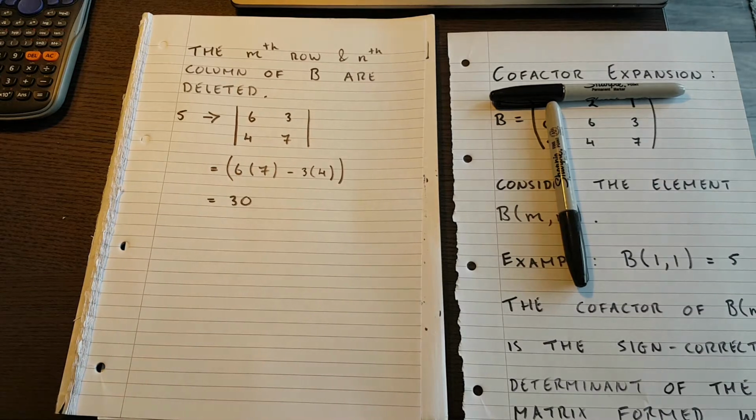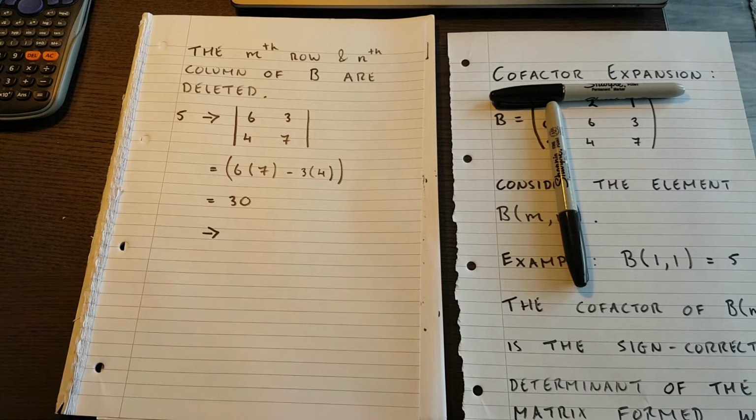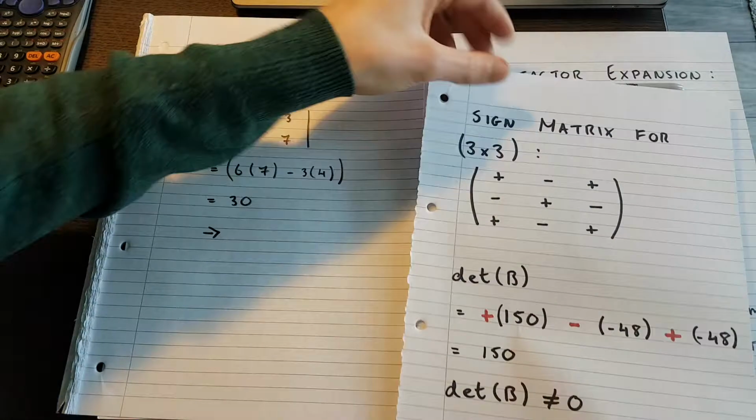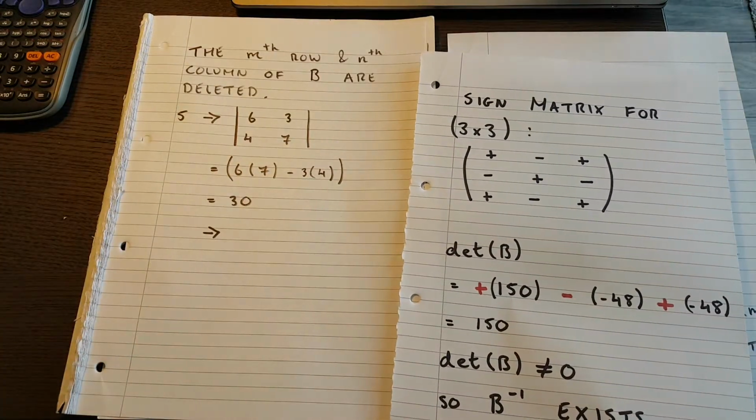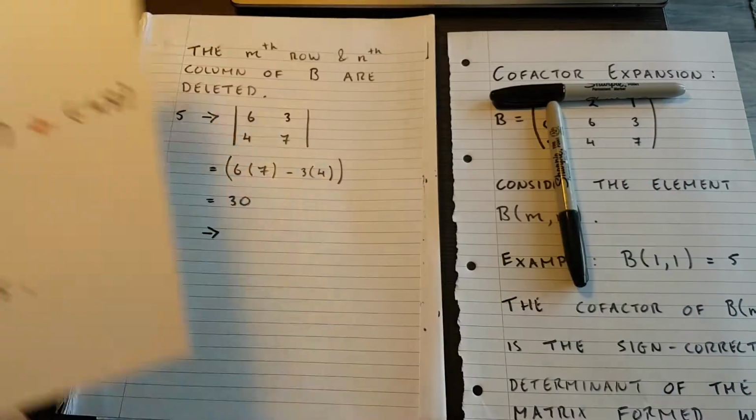Okay. And now I have to sign correct according to my sign matrix. The sign matrix is something we discussed earlier, that was done in the last lecture. Plus, minus, plus in the first row. Minus, plus, minus in the second. And plus, minus, plus in the third.